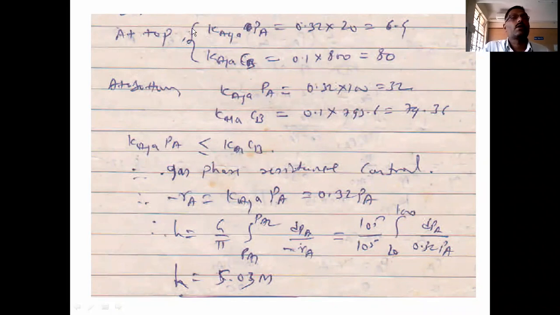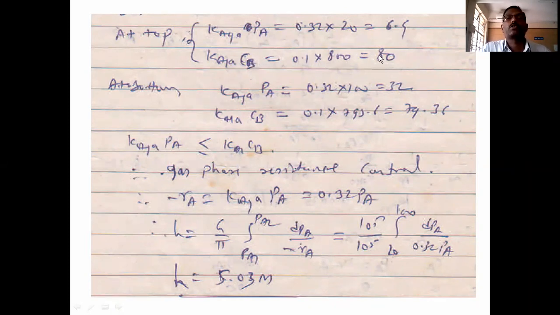But now check it at the top of the tower. KAGA into PA. What is KAGA? That is 0.32. What is the PA at the top of the tower? 20 Pascal. So 0.32 into 20 is 6.4. What is the KLA? This is 0.1, given in the data. What is CB1 at the top?